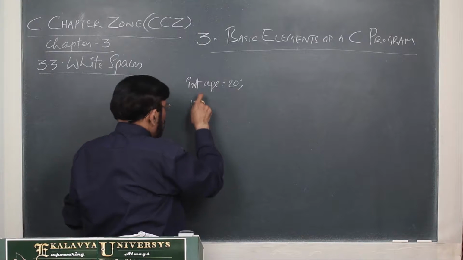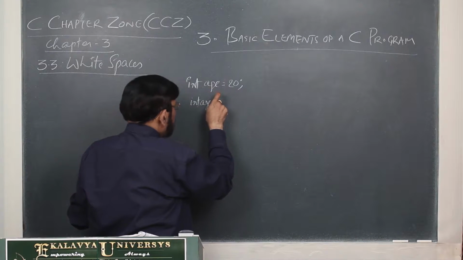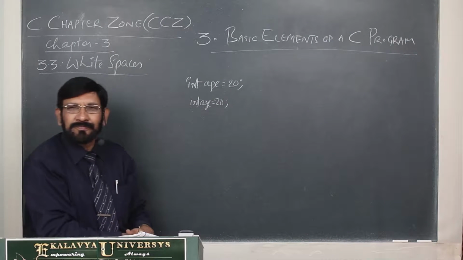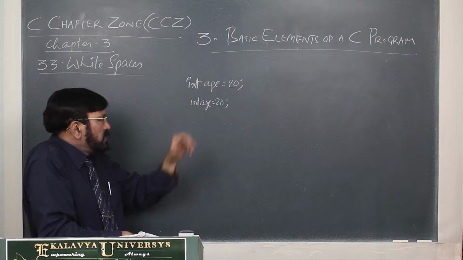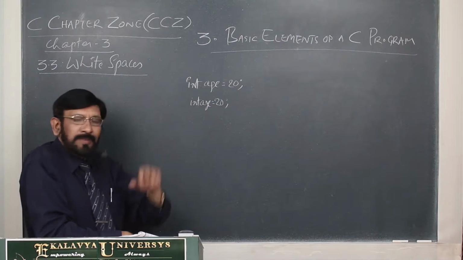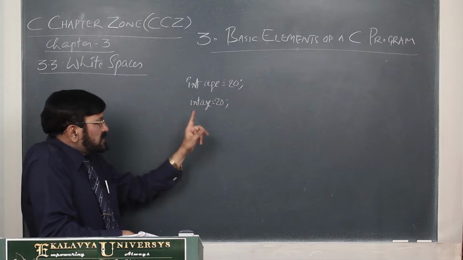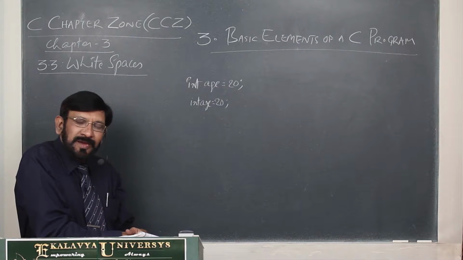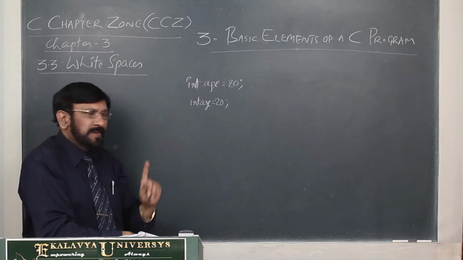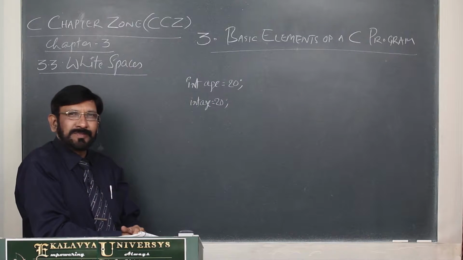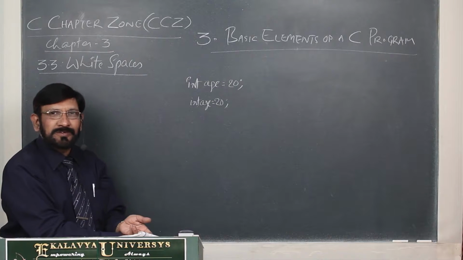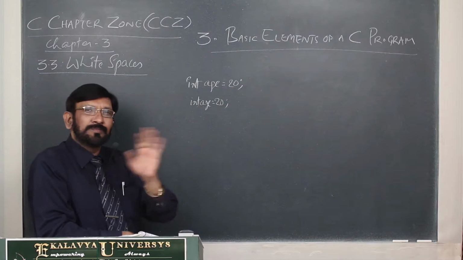Suppose you write the same statement without spaces, it leads to an error. What is the problem in this? Actually, the 5 tokens are not separated by blank spaces. In this context, one very important thing I have to tell you. Here the minimum requirement is placing one blank space. Instead of one blank space, if you put 80 blank spaces also, the compiler does not bother.